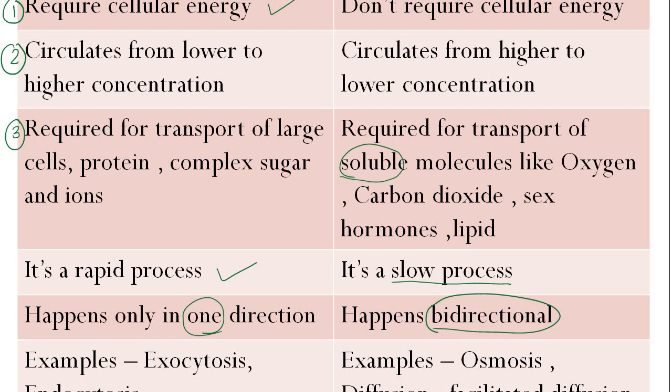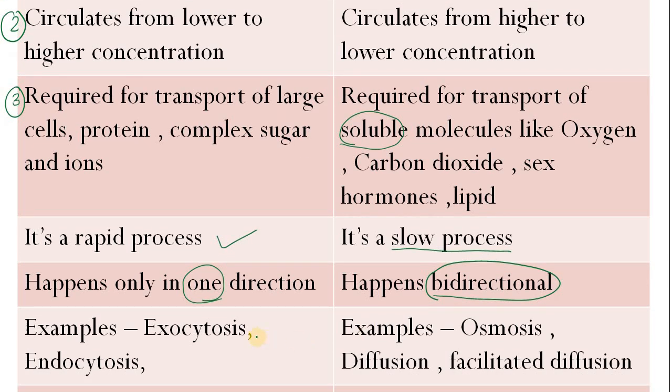Now examples of active transport are exocytosis, endocytosis, or the sodium potassium pump. Examples of passive transport are osmosis, diffusion, facilitated diffusion.